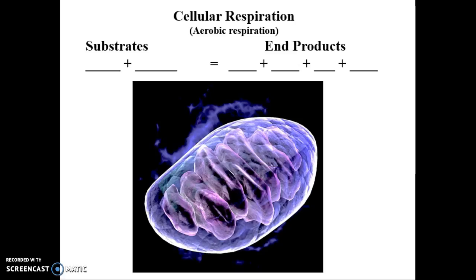So we're looking at a mitochondria. That's the little powerhouse in the cell. That is your engine. The greater the number of mitochondria you have, the more energy you can produce. But in order to do this, you better have the raw ingredients. Just like a car needs gasoline, the mitochondria needs substrates.